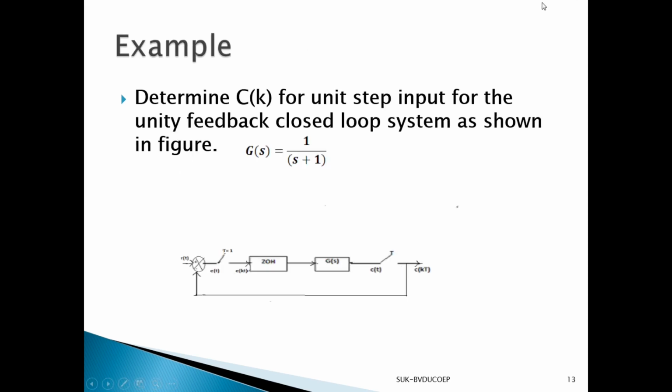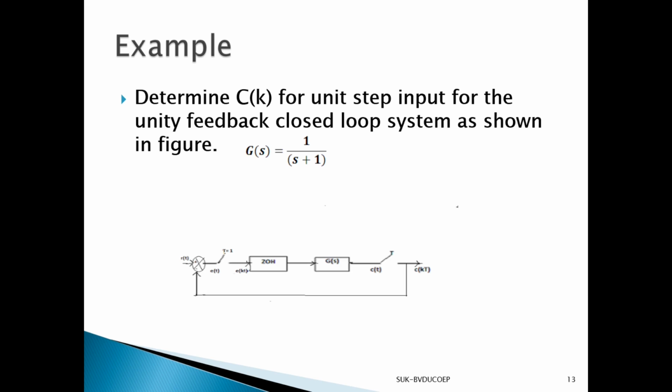Then we try to understand how to calculate the transfer function, determine C K for a unit step input for the unity feedback closed loop system. See now, everybody knows the closed loop transfer function for a continuous time system. Now we try to understand the discrete time or digital control system.